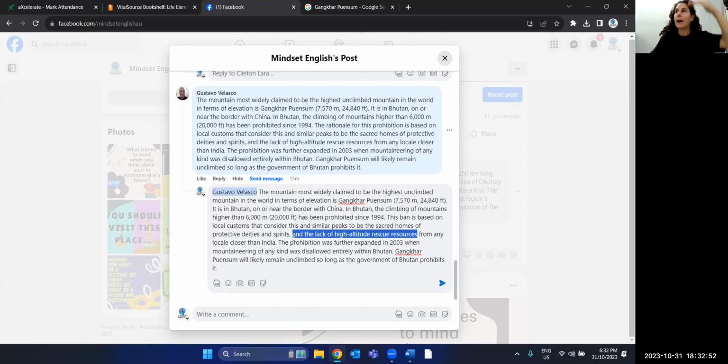So if people climb up this mountain, I mean, if they need help, medical assistance, you can't just quickly call for help from any place closer than India.